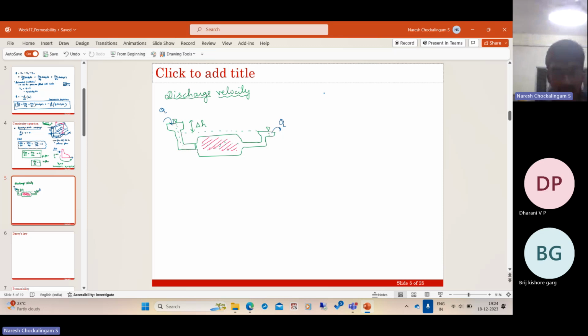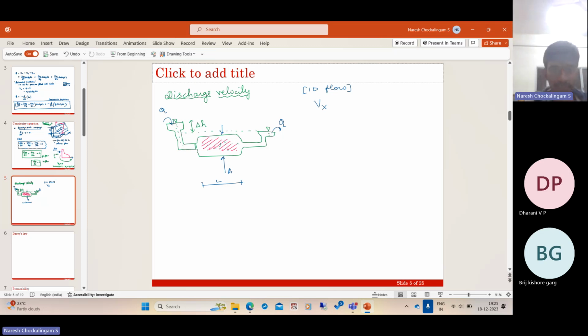Under these conditions, let the area of cross section of the soil be A and the length of the flow be L. Under these conditions, we define the discharge velocity. So it's a case of 1D flow, right? It is an assumption.